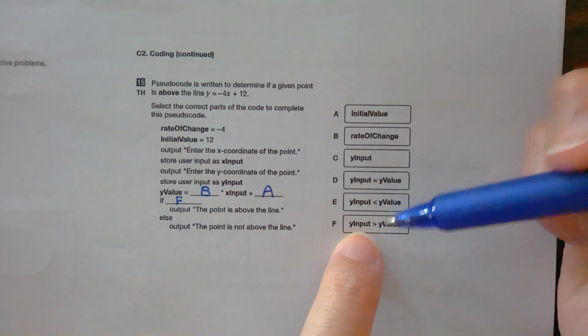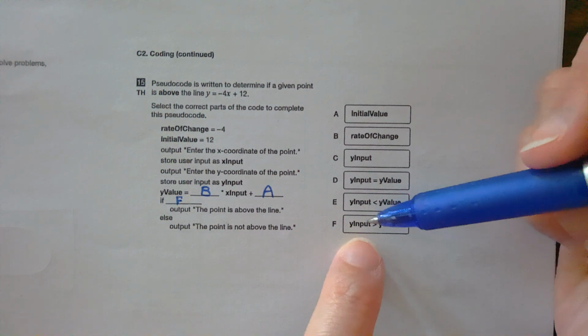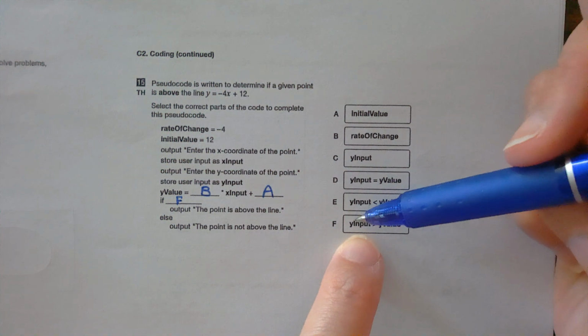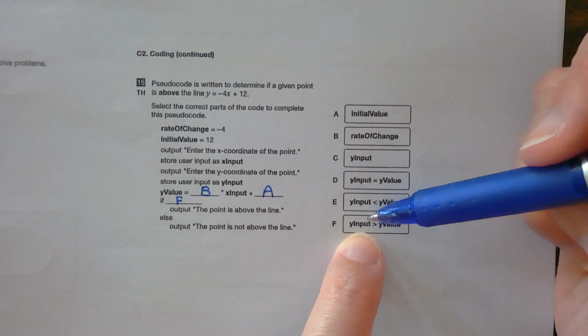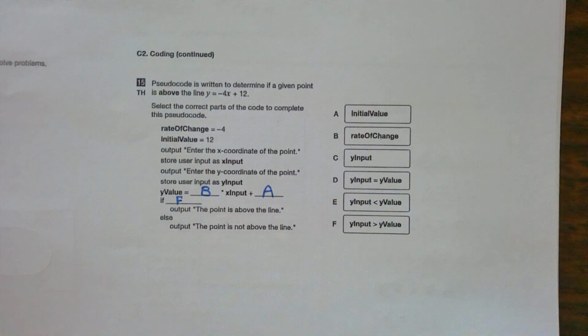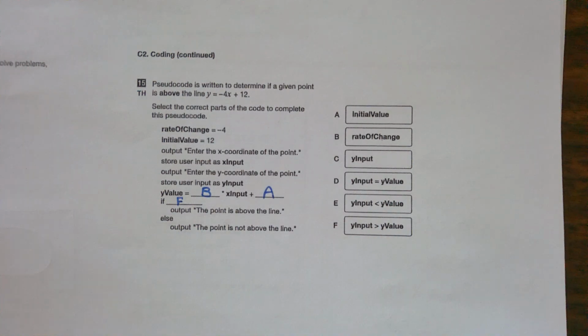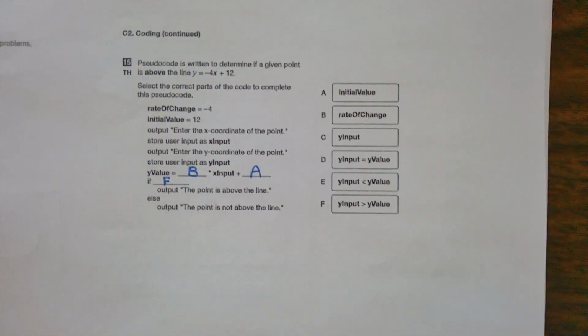So you know that you would be checking for one of these. Think of it as if your y input is greater than the y value, it will mean that it's higher. Okay, so this is the y equals mx plus b format in coding.